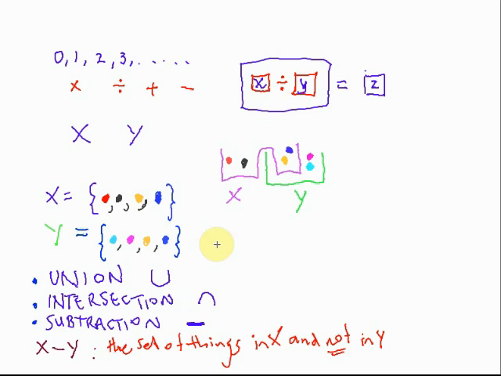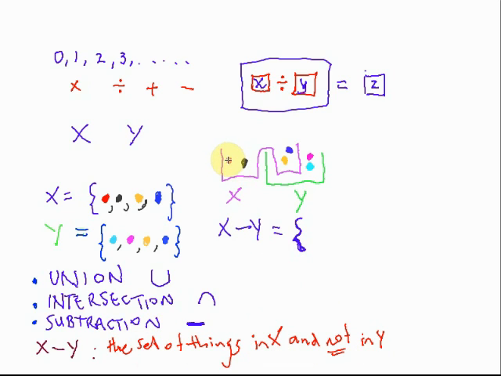And what have we got here? X minus Y is equal to, well, it's a set, so we put it in these curly brackets. That doesn't look too much like a curly bracket, does it? But there we go. X minus Y, the set of things which are in X and not in Y.